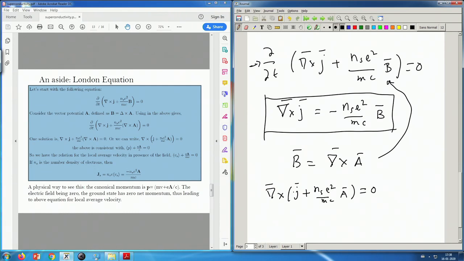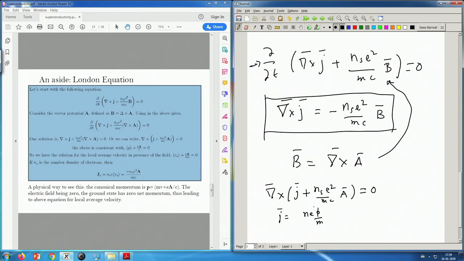So, for example, again j is n e v, and so you can cancel n e, and therefore this gives you j equal to n e p by m, right.